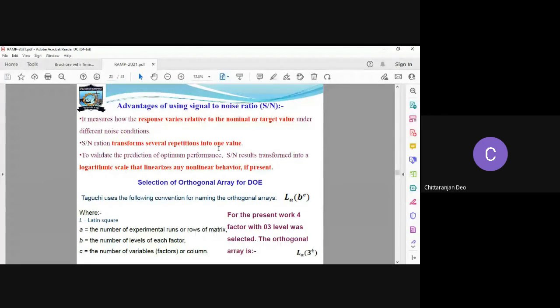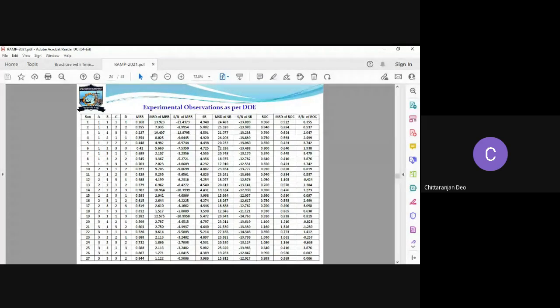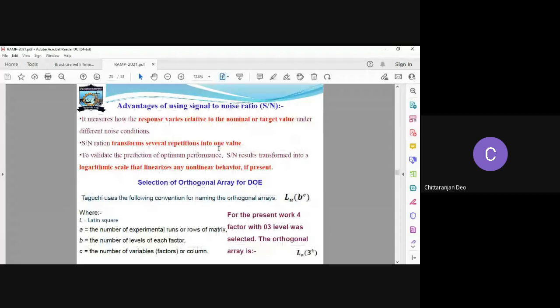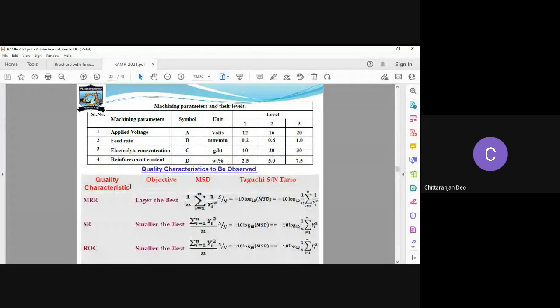So to calculate this SN ratio, the Taguchi SN ratio is governed by this equation. For MRR, because we require more material removal rate, we take the objective function as larger the better, and SN ratio values have been calculated by using this equation.